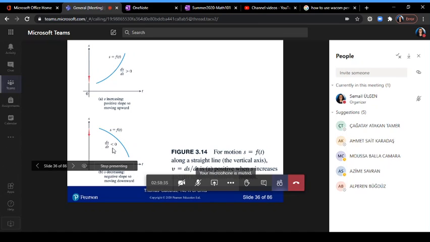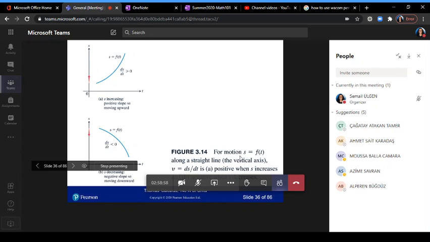ds dt velocity is negative and it's going in the opposite direction, so s is decreasing, displacement is decreasing, your position is decreasing, right? So the graph has negative slope, okay? So you are moving downward.